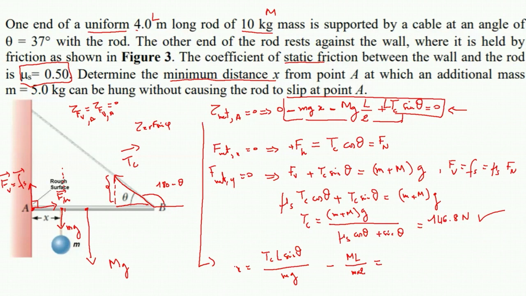That means the critical x, which is a minimal distance, you just replace everything, and you get 3.21 meters.